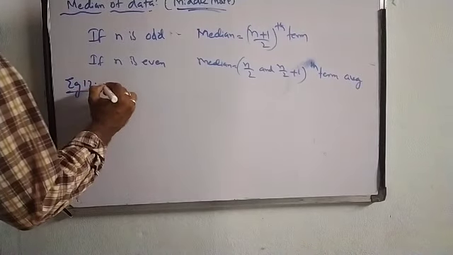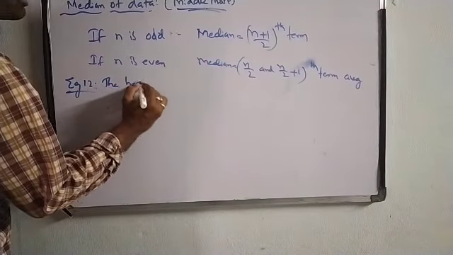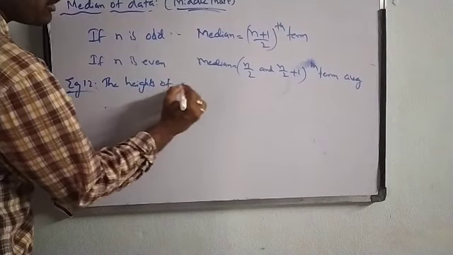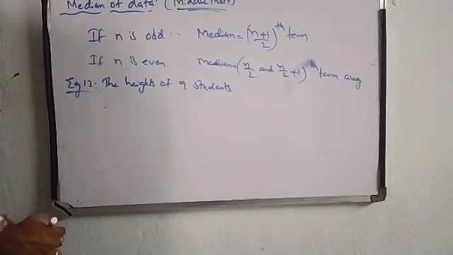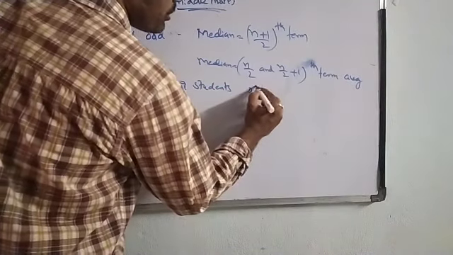Example 12. So the heights of 9 students of a class are as follows.